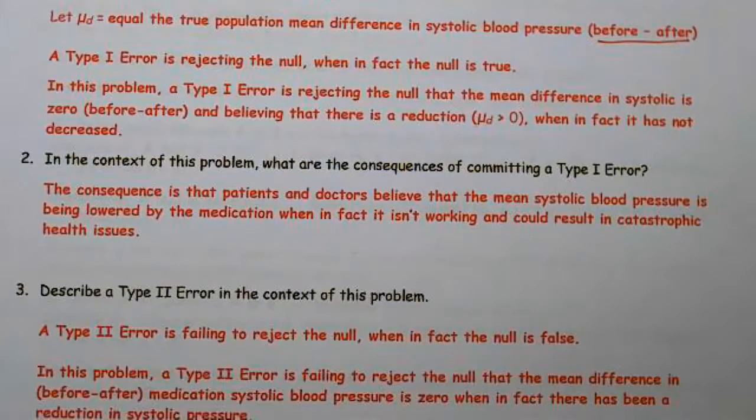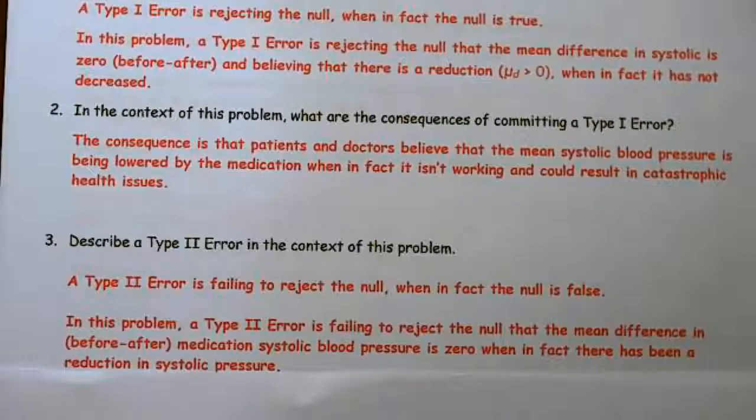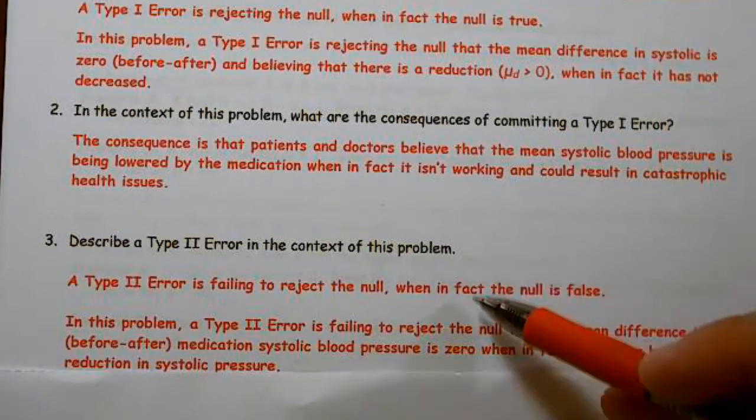So in this problem, a type 2 error is failing to reject a null that the mean difference before minus after is 0, when in fact there has been a reduction in systolic blood pressure. So basically we failed to reject the null. And by the way, I should always have stated my null and my alternative.